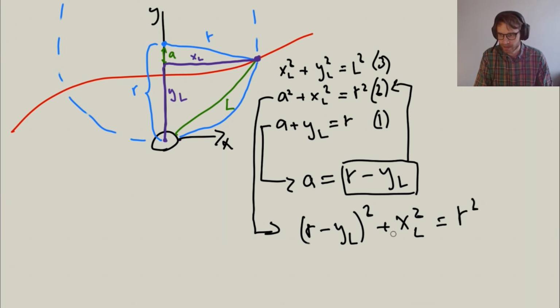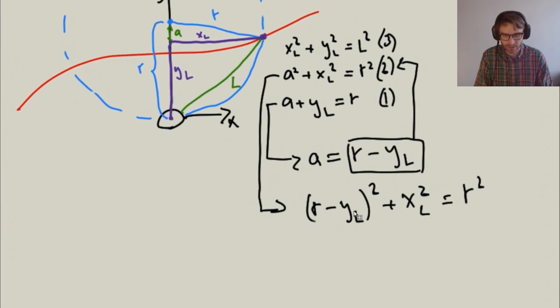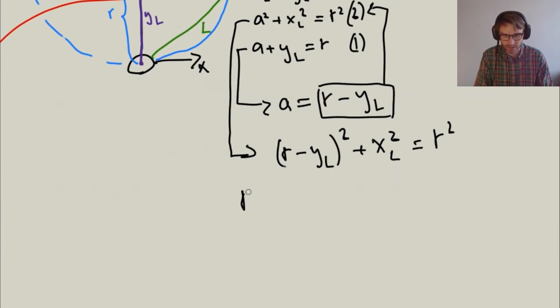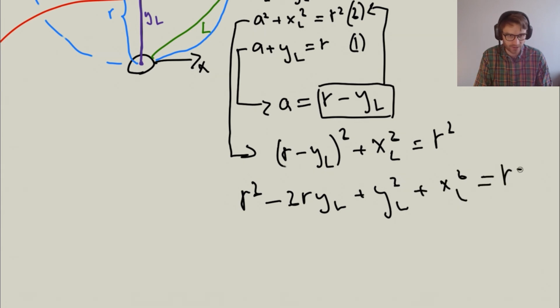Now, if we open this up, we get R squared minus 2 R YL plus YL to the power of 2 plus XL to the power of 2 equals R squared. Since we have R squared on both sides, we can cross those out.